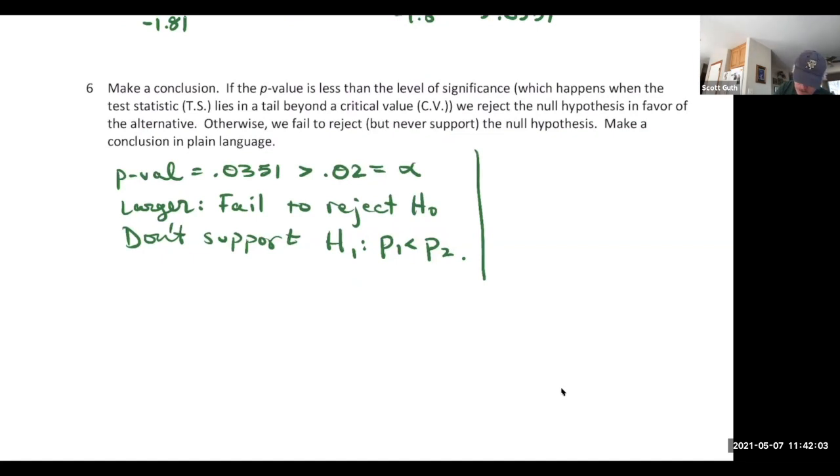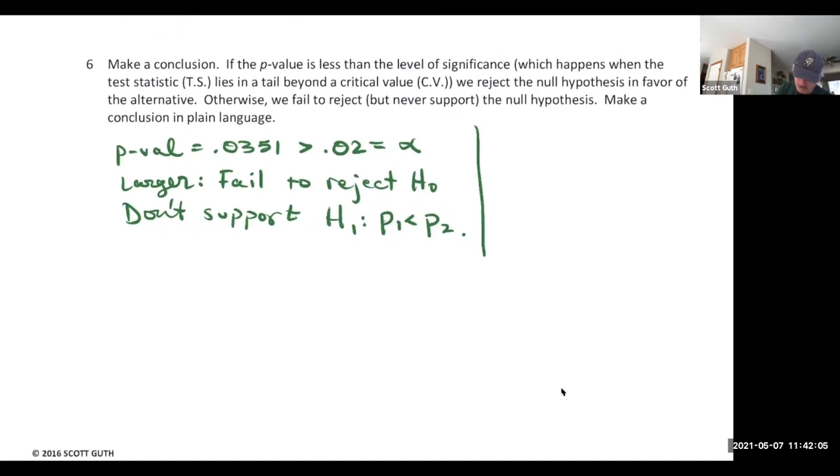So we'll just make a little conclusion here. We can't support the claim that it's lower for girls.